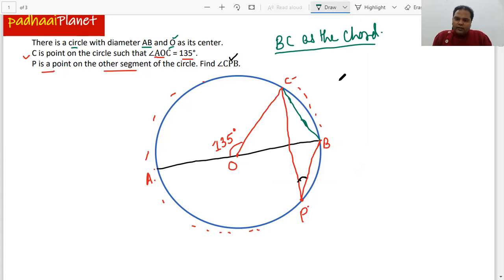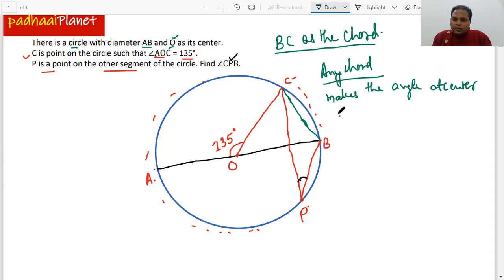Now we already know that any chord makes the angle at the center double the angle it makes on the circle, right? So this is the theorem we have already studied in circles.